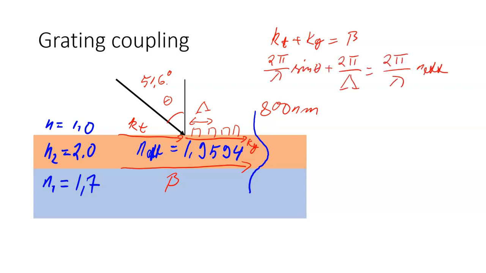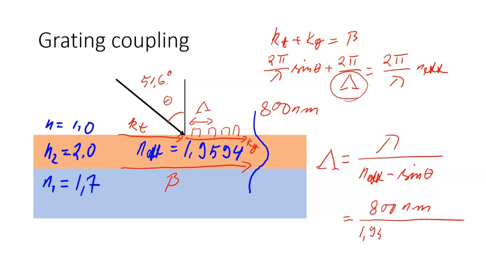When we solve capital lambda, and finally we have the period of the grating, which is 680 nanometers.